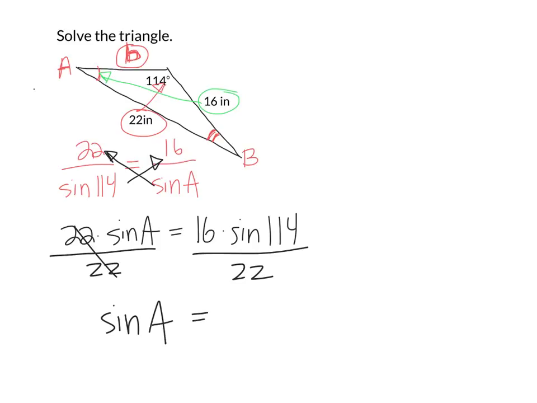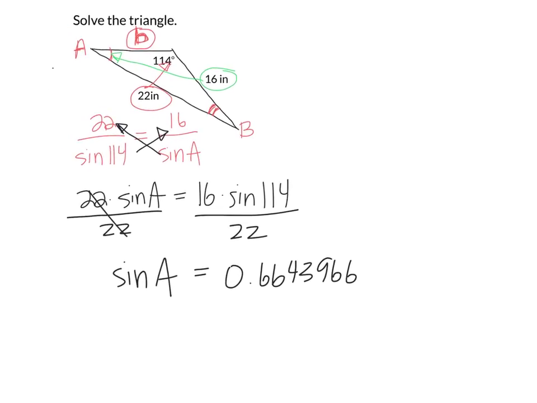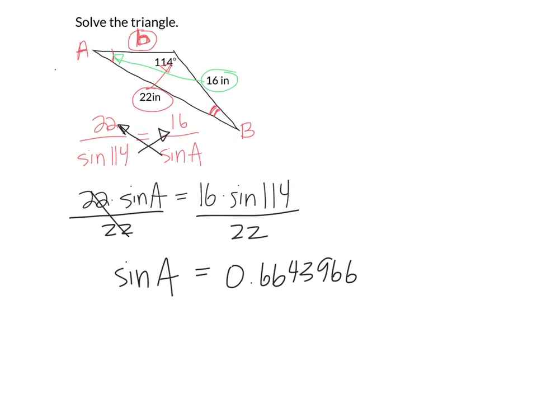So the sine of angle A equals 16 times sine of 114, making sure your calculator is in degree mode, divided by 22, 0.6643966965, which is great, but that's not enough. So we need to figure out what the angle is.